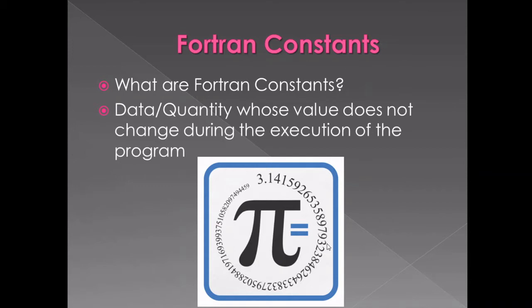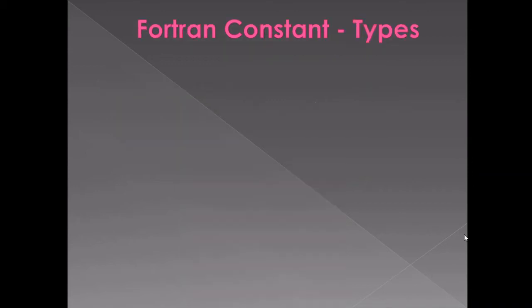It won't change. So that becomes a constant. It's a Fortran constant. Depending upon the type of data that we deal with, Fortran constants can be of different types. So let's see what the different types of Fortran constants are.